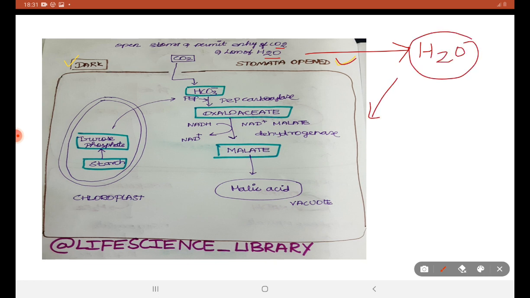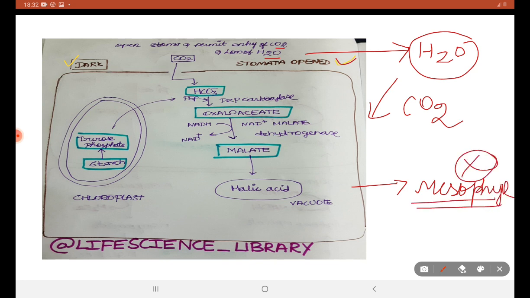The entire cycle occurs only in mesophyll cells, no other cells are involved.